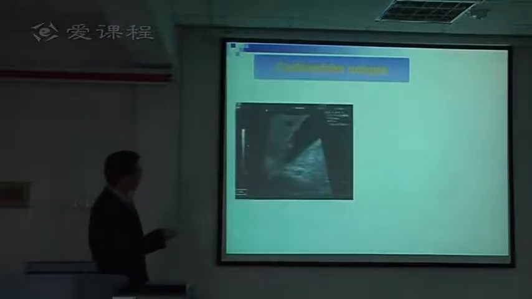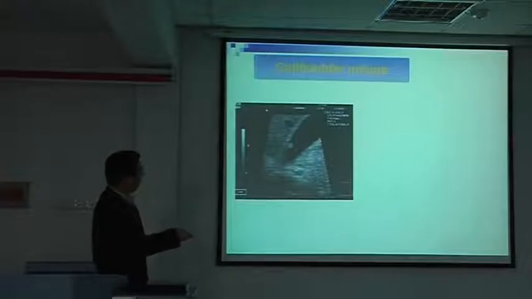Now we quickly introduce another disease, gallbladder polyps. This is very important. We can find many patients with gallbladder polyps.